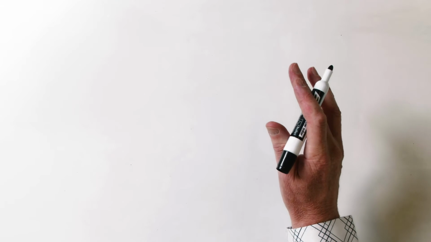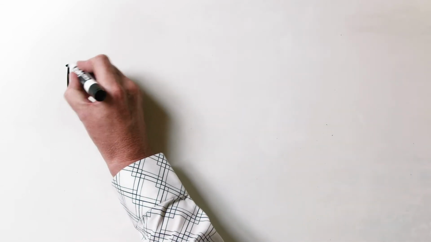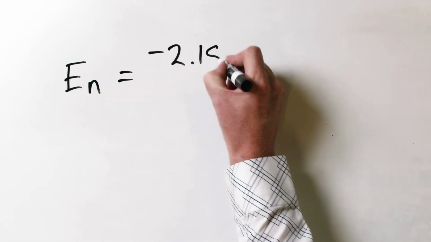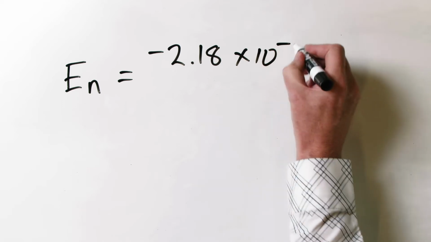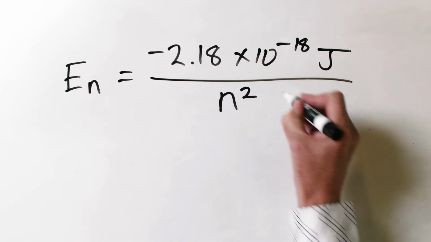So let's have a look now at some examples of what's going on, and let's do some calculations here. We can quantify what's going on using this equation here: E = -2.18 × 10^-18 joules divided by n squared.